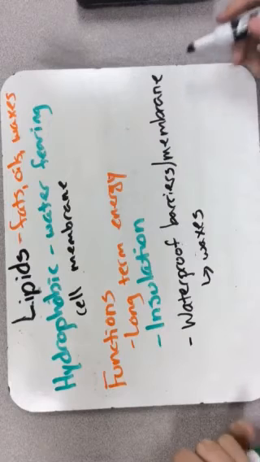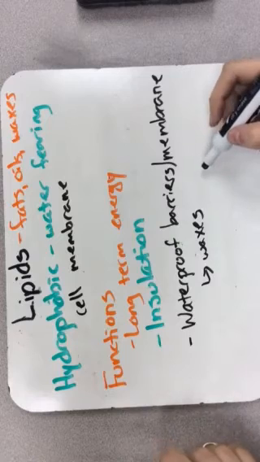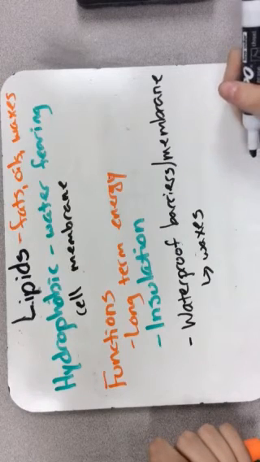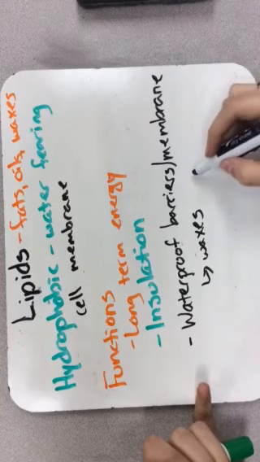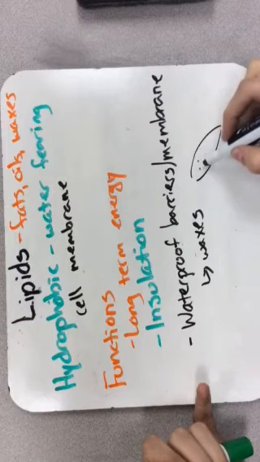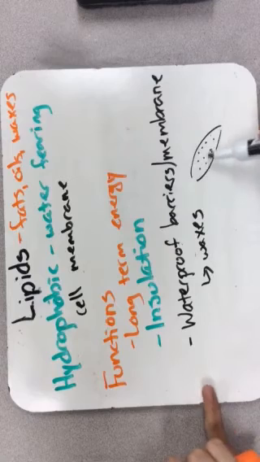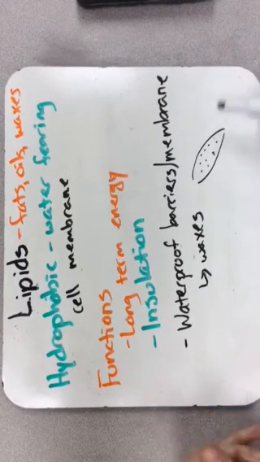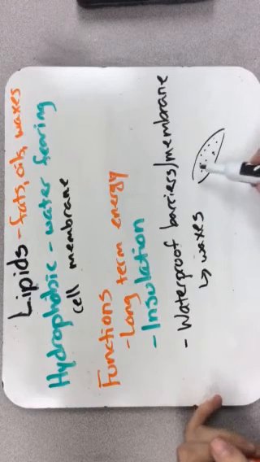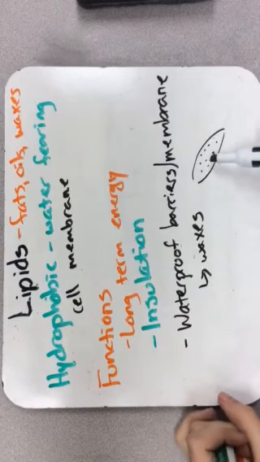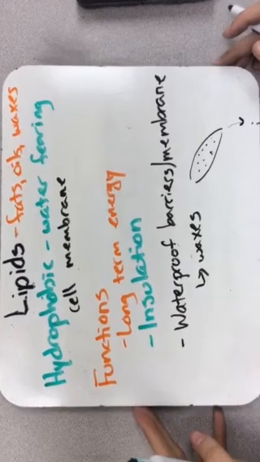Remember that in the desert they're not getting a lot of water, but sometimes it gets really cool at night, and any moisture that's in the air might collect on the leaf in little tiny droplets. That's called dew. But since those leaves have a waxy coating, those droplets are more likely to slide off, because remember, water and lipids don't mix. They don't like each other. So those water droplets will slide off and go down to the roots.